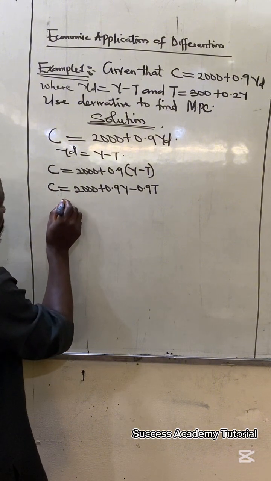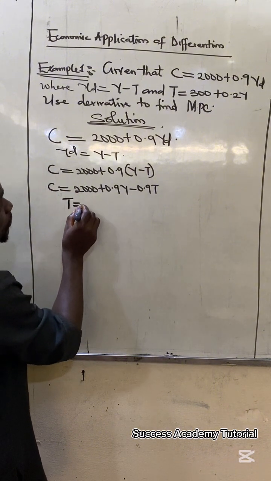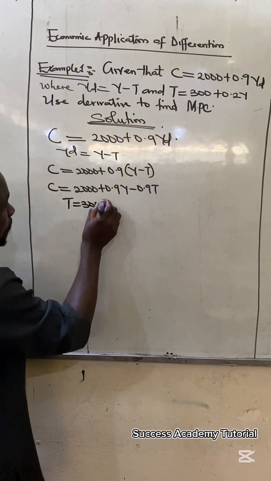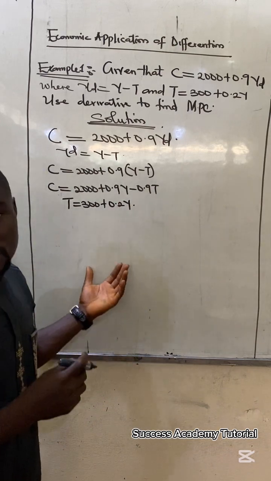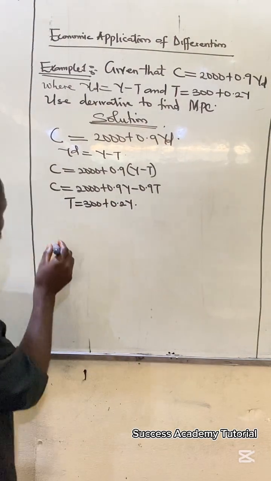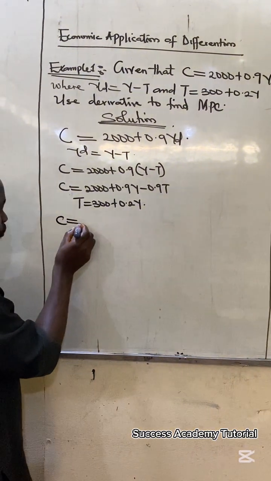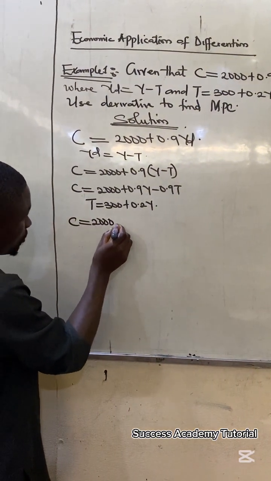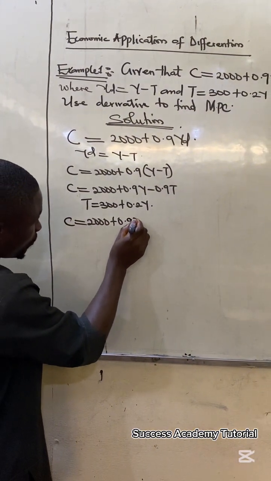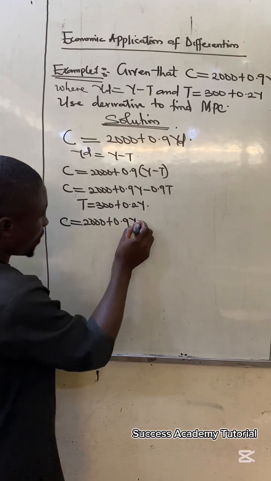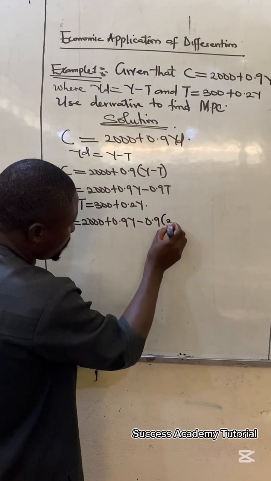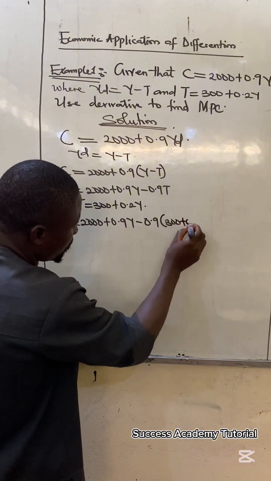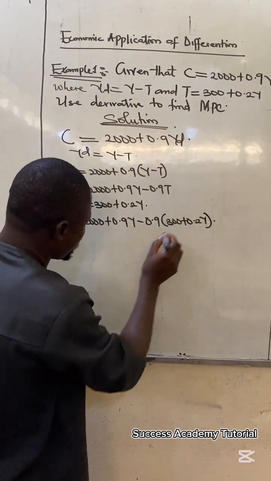Don't forget that your t is also given, that your t is equal to 300 plus 0.2y. So if we substitute that into the formula again, we are going to have our consumption function to be 2000 plus 0.9y minus 0.9 into bracket 300 plus 0.2y.